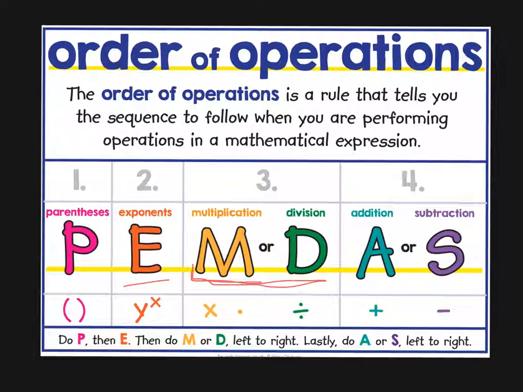Now these two are the same level of importance. So because they're the same level of importance, we do them from left to right. Just like how you would read, that's how you're going to work the mathematical problem if you have more than one multiplication or division problem to do. And then lastly, addition and subtraction, and that is also from left to right.